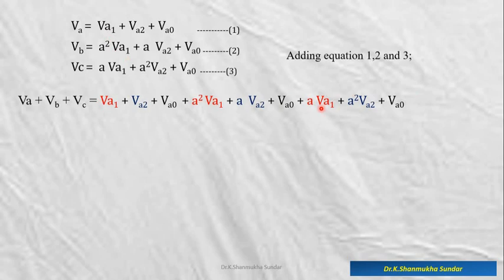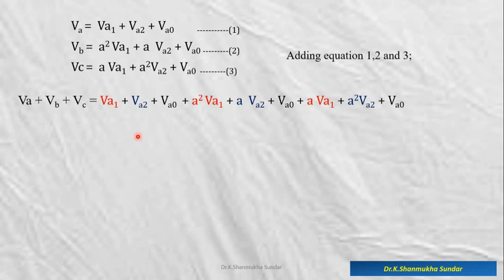Similarly VA2, A VA2, A square VA2. Then VA0, VA0, VA0, because VA0 is equal to VB0 is equal to VC0. VB0 is replaced with VA0, and VC0 is also replaced with VA0, so all these three components are the same.